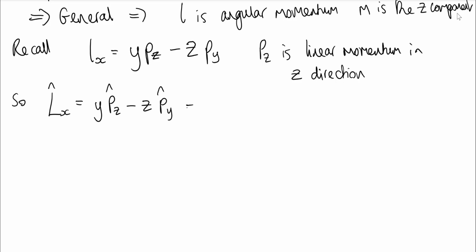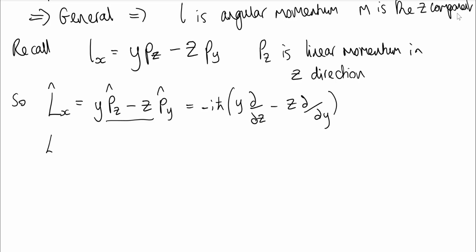And we recall that we can go to our operator table, and we know that for example, the operator for momentum in the z direction is minus i h bar di by di z. So we can rewrite this expression here in the following way. And we'll go through and do that for all of the momenta.